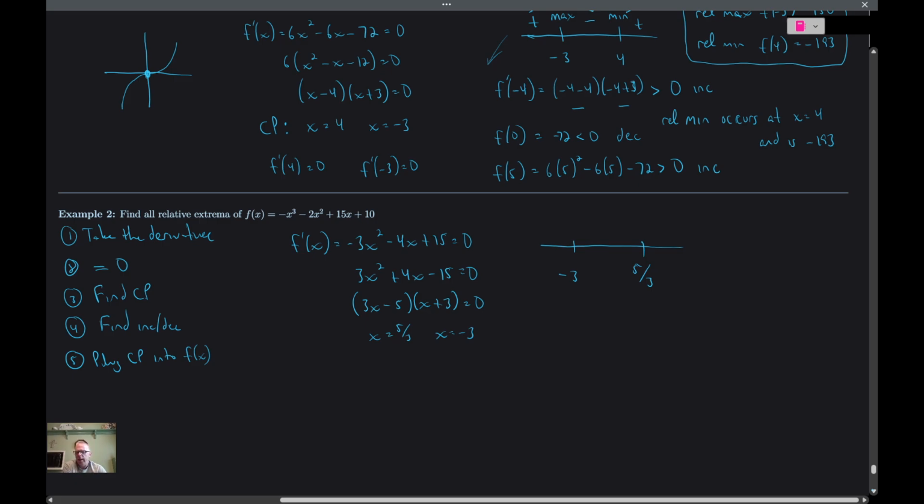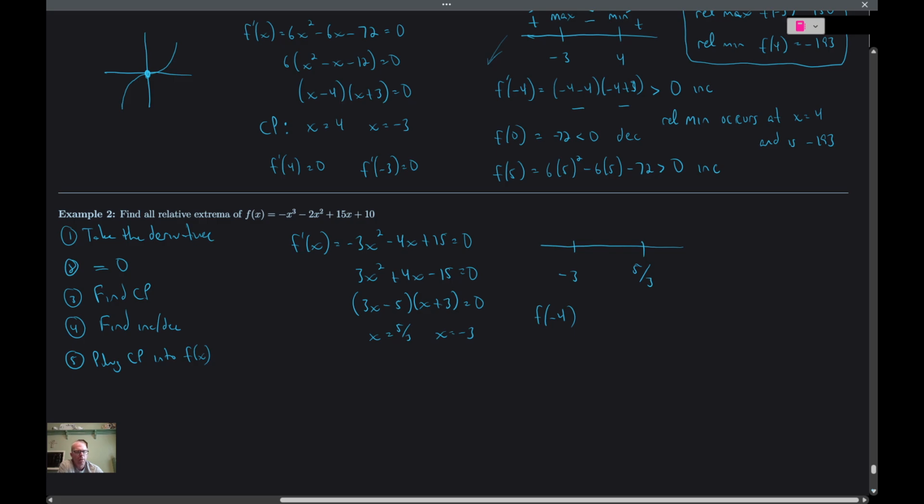And so now let's test. If we pick a number less than -3, let's say -4, you can plug it into the factored form again if you like. Plug in -4, that factor is going to be negative, and that factor is going to be negative. So that actually is not right.